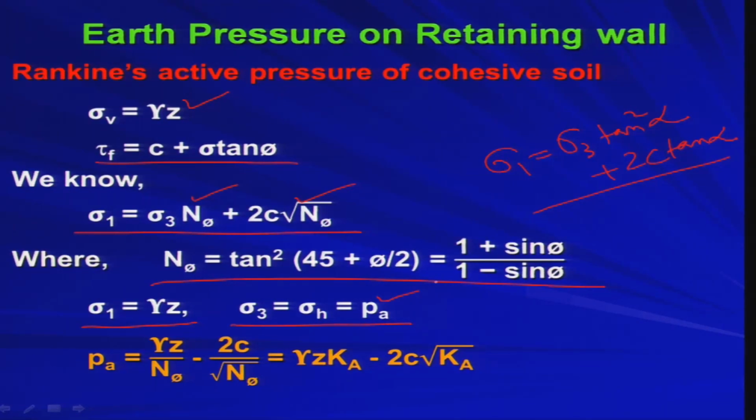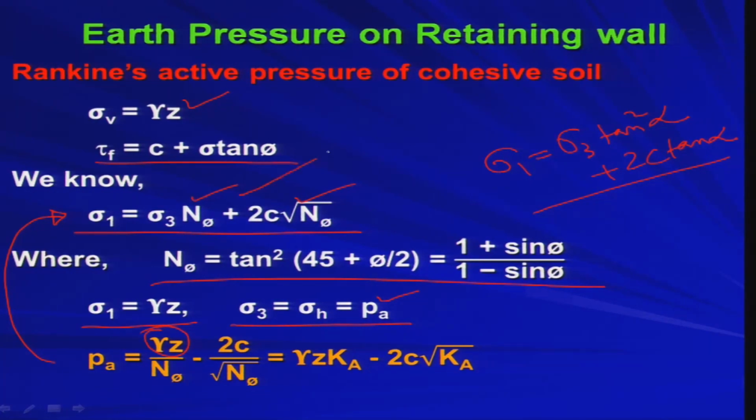So, I am putting this in the expression. Pa is nothing but sigma 3 in case of active state. So, Pa is equal to gamma z by n phi minus, what is gamma z? That is sigma 1, right.